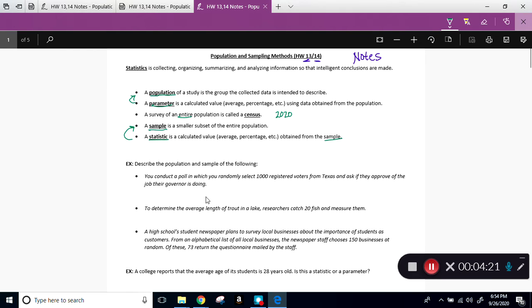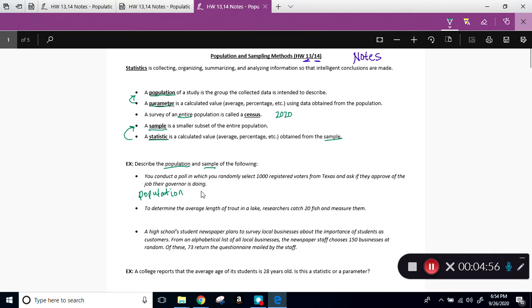Describe the population and sample of the following. You conduct a poll in which you randomly select 1,000 registered voters from Texas and ask if they approve of the job their governor is doing.